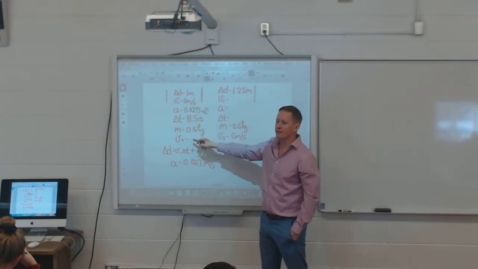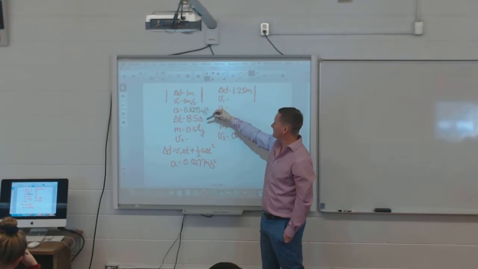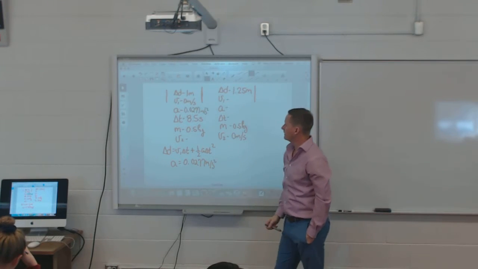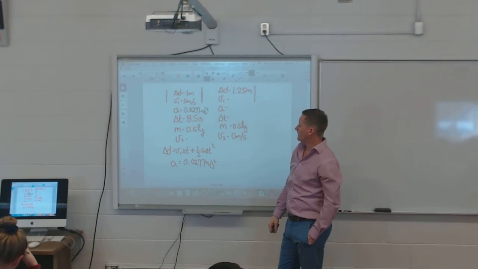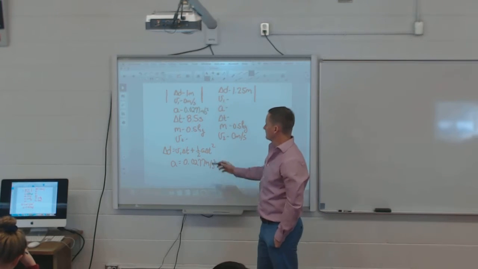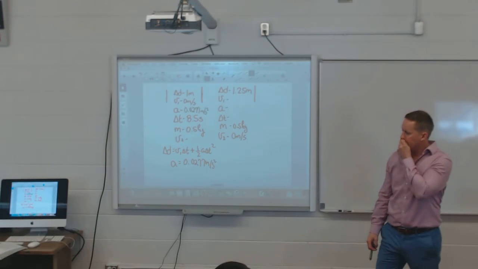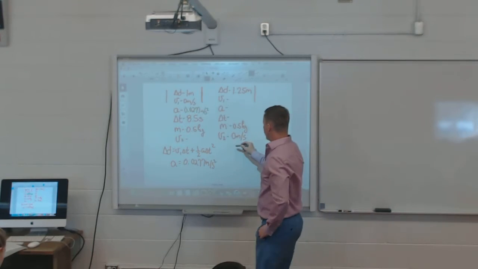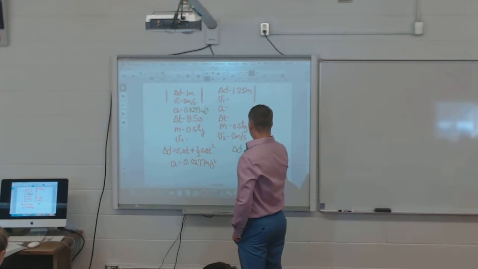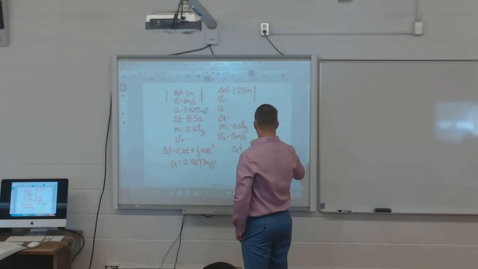Okay, I need to find V2 now. I've got T, V1, D, so I could use average velocity to get that. So what is my V2? Delta D is equal to 0.235.